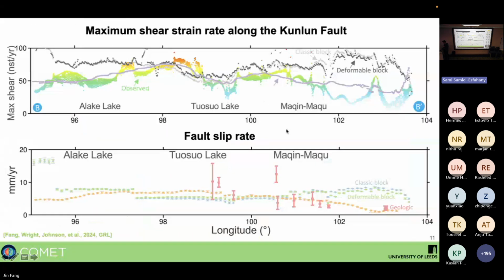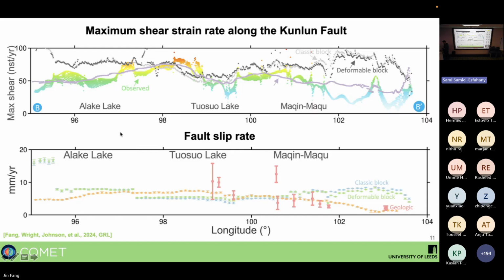And actually, this does a better job than block modeling at matching the geological slip rates. In block modeling, faults end abruptly, so slip rate can only taper off towards the fault tips if strain is transferred onto another fault.